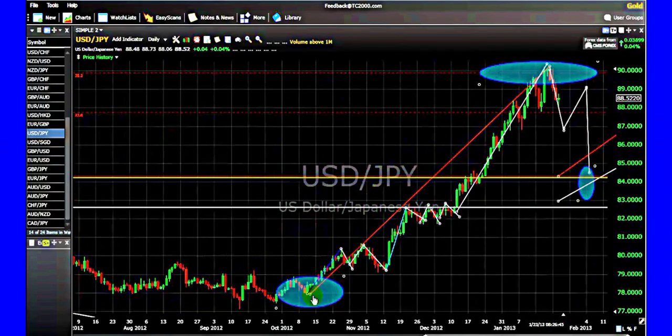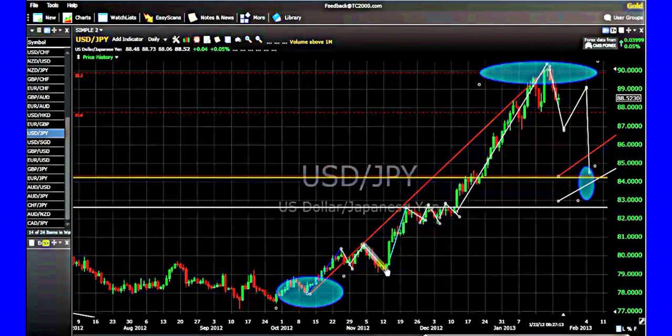But from this point, the bigger point here, to this point, that's the first wave on the weekly chart. When we see the first wave on a higher time frame, we go to a lower time frame to zoom into that first wave.